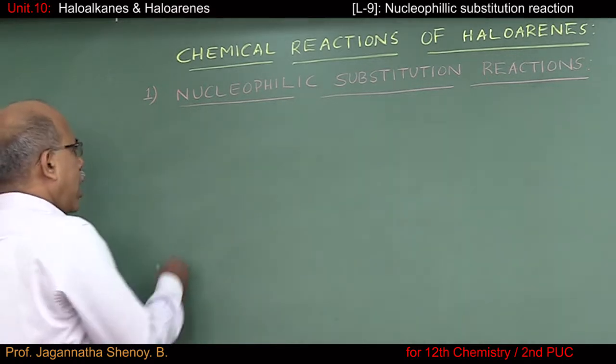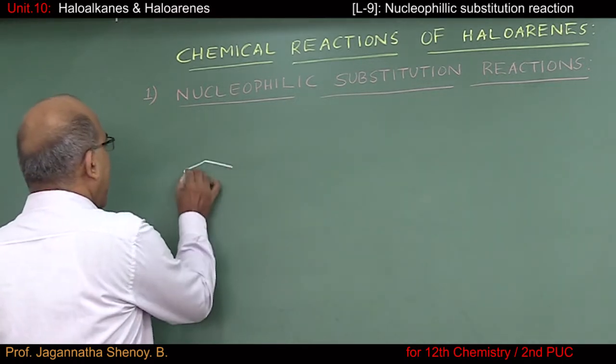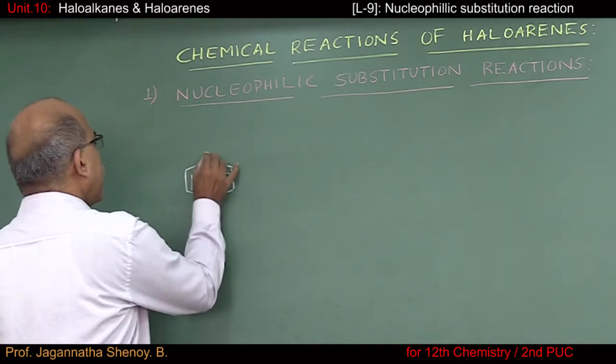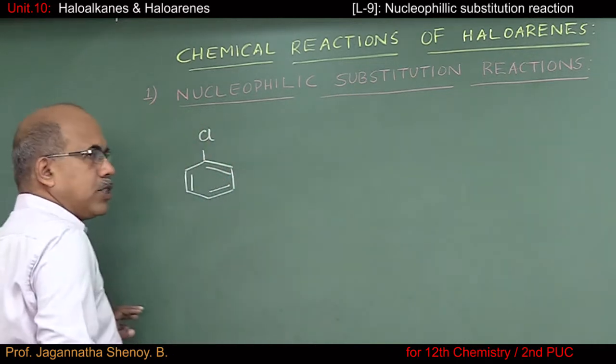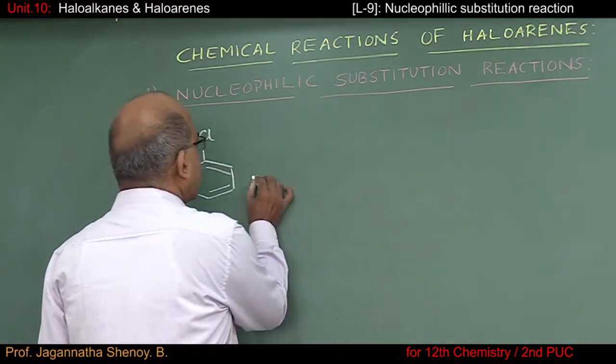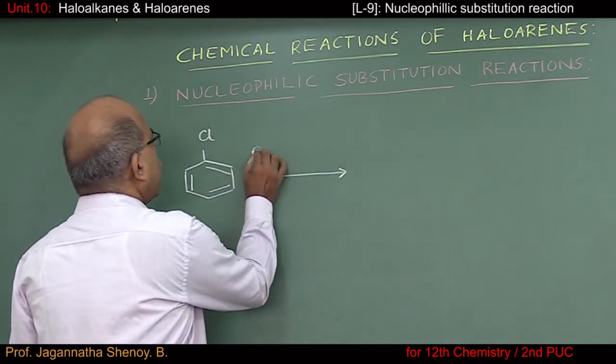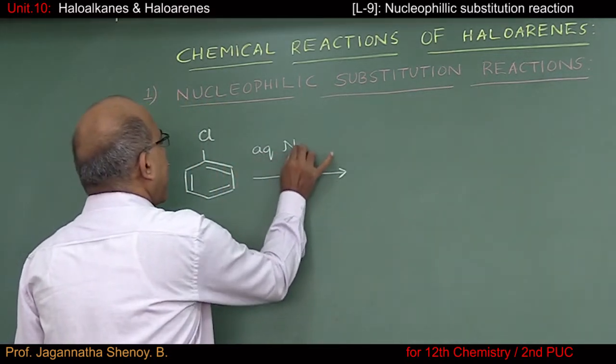In order to give an example, I will consider the conversion of chlorobenzene into phenol. So in order to carry out this, I am going to use aqueous sodium hydroxide.